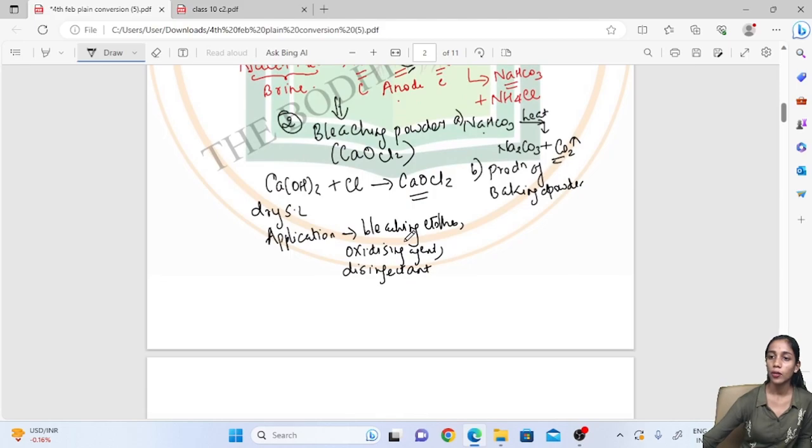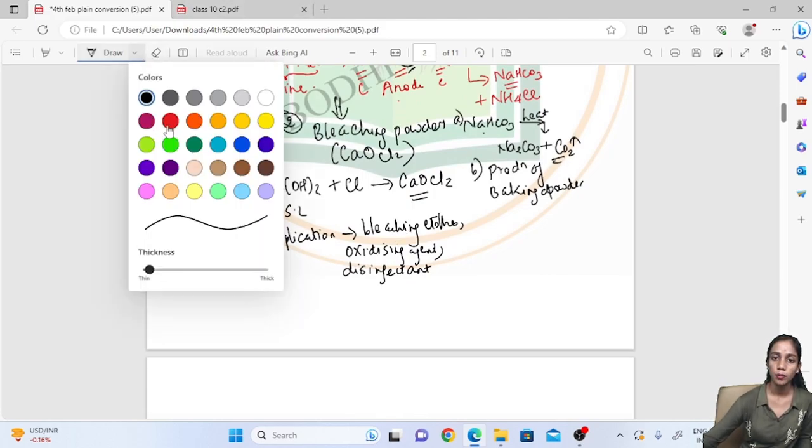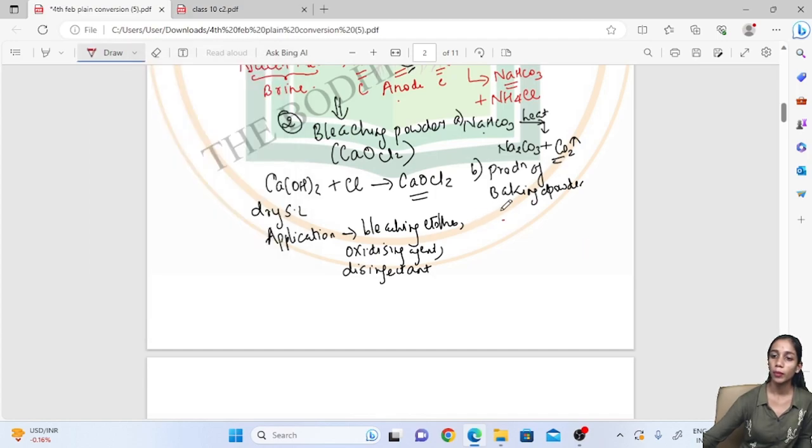How is baking powder made? Baking powder is produced using baking soda plus a very mild tartaric acid, or any mild acid, but the acid should be mild. Over here we can use tartaric acid. So this entire thing represents baking powder.